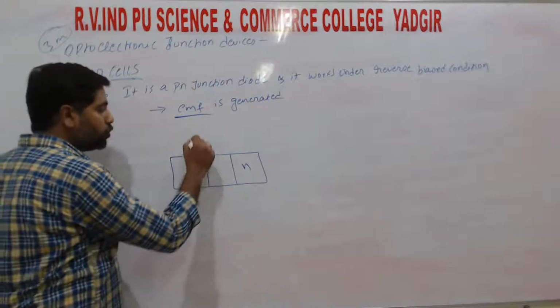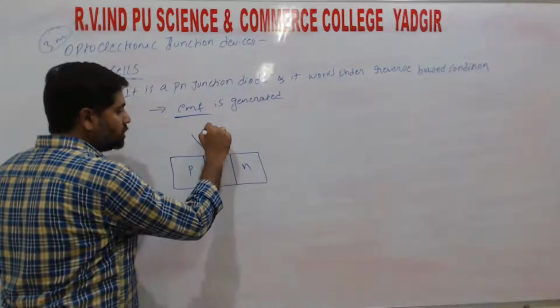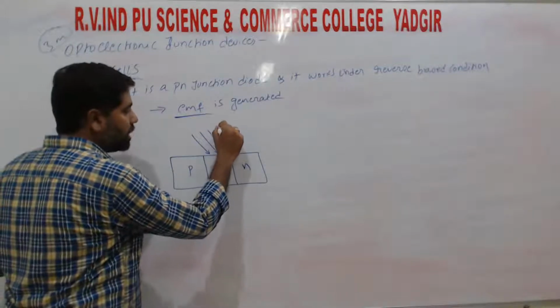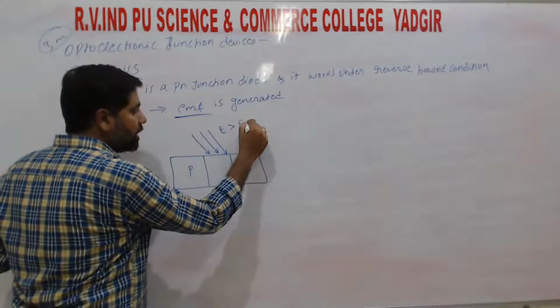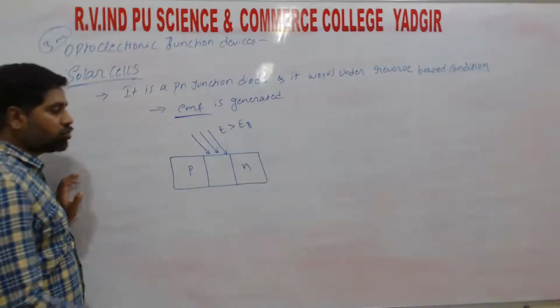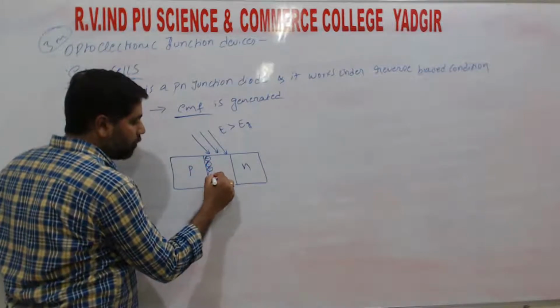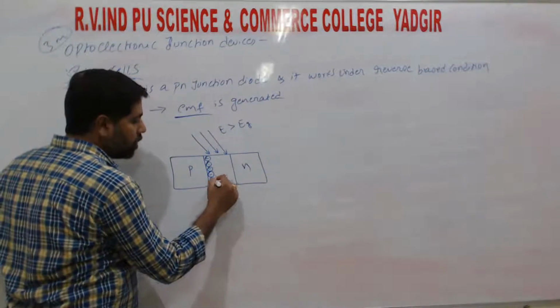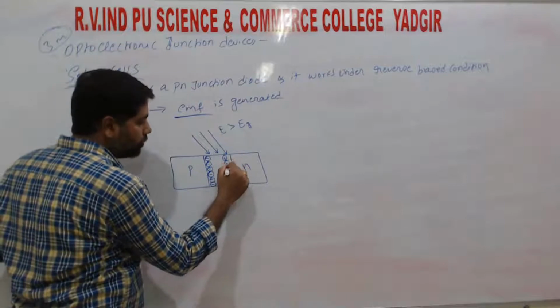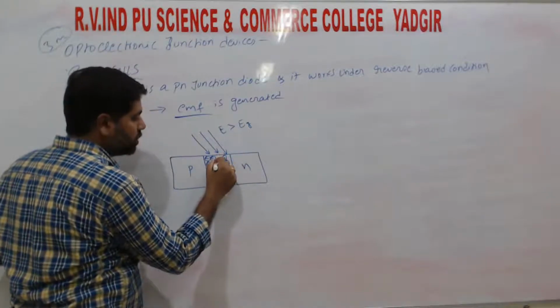So when a light of suitable energy is incident on the junction, right? So this energy is greater than the energy gap Eg, right? So next what happens? The electron hole pairs are formed along the junction, right?